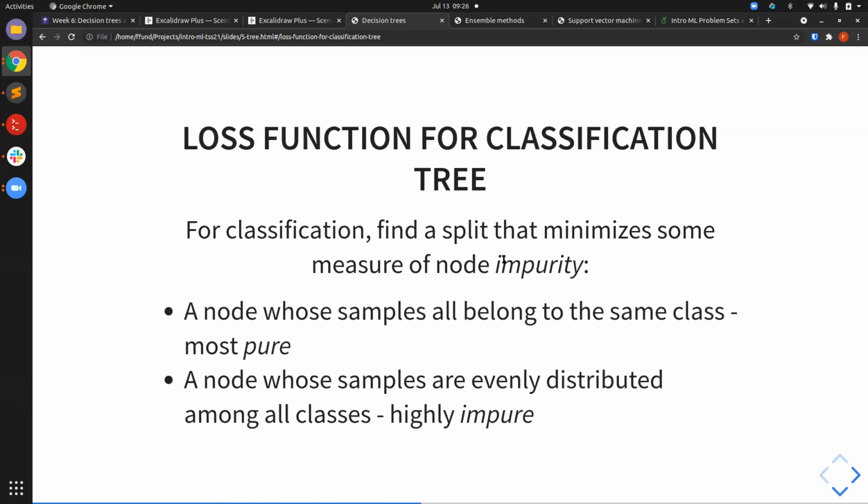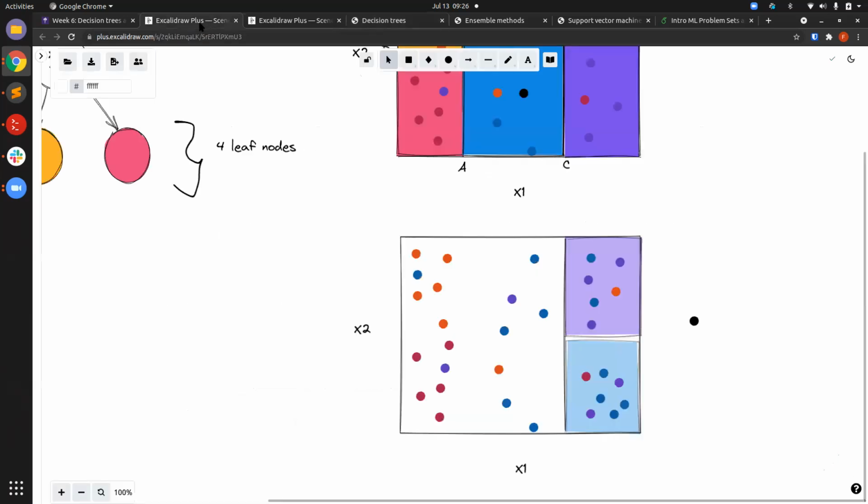If you have a node where samples all belong to the same class, it's considered a pure node. If you have a node whose samples are evenly distributed among classes, it's considered very impure. So imagine we have a node where we have 2 orange, 2 red, 2 blue, and 2 purple. That's an impure node.